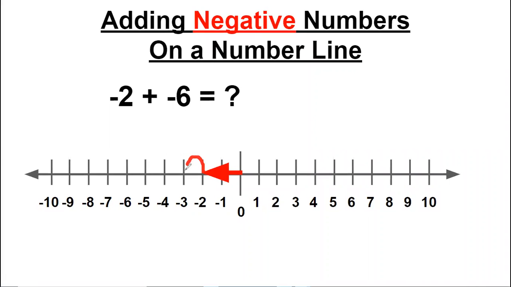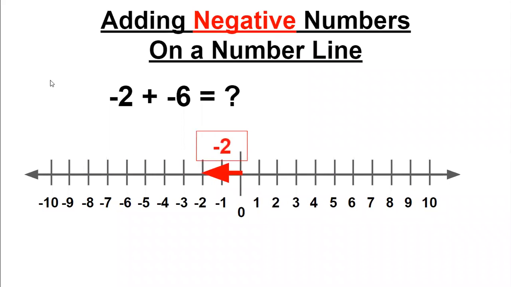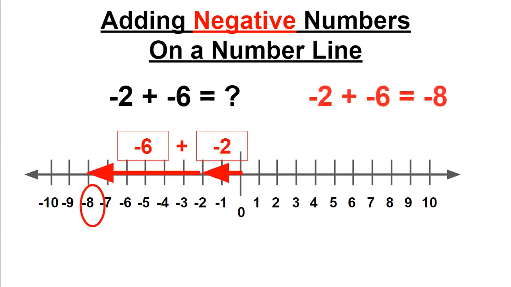We have to go 6 more units from the tip of our arrow. 1, 2, 3, 4, 5, and 6. Let's show that with our arrow. Negative 2 plus negative 6. What does it equal? Exactly, negative 8. So negative 2 plus negative 6 equals negative 8.